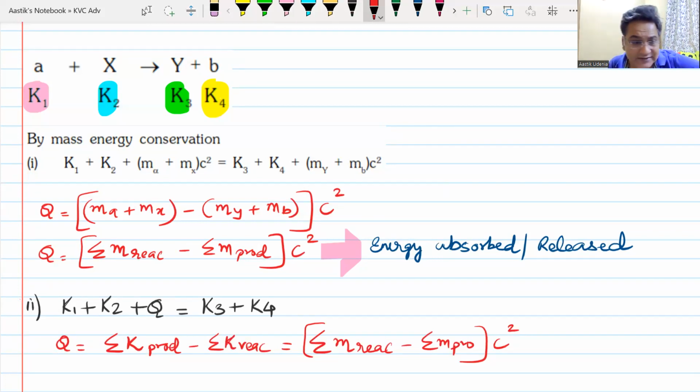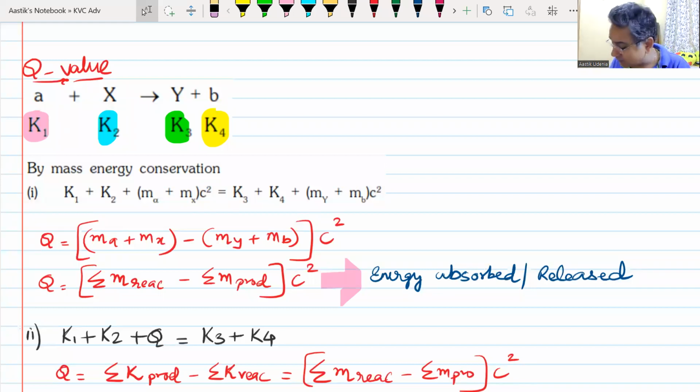Do we understand this? You can write the heading as Q value. I'll give you 2 minutes to note this down.